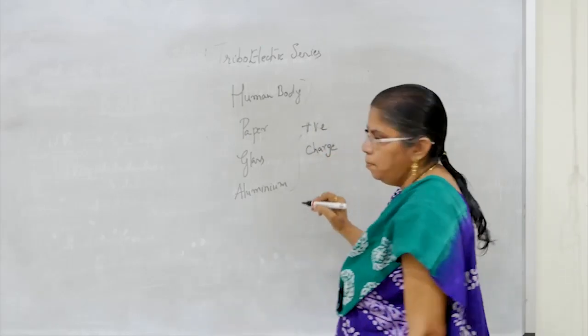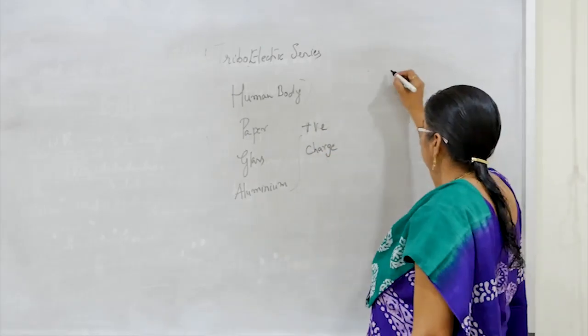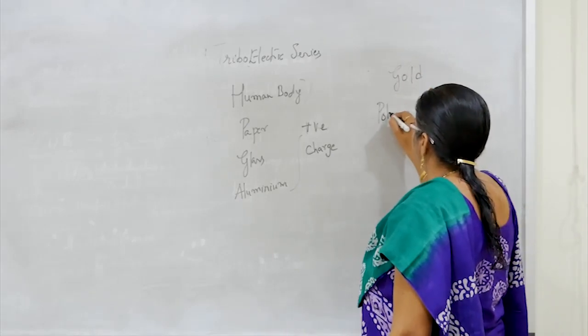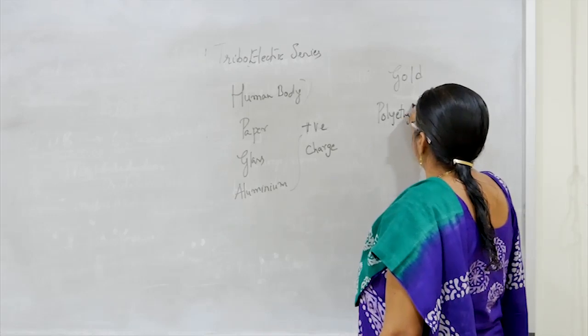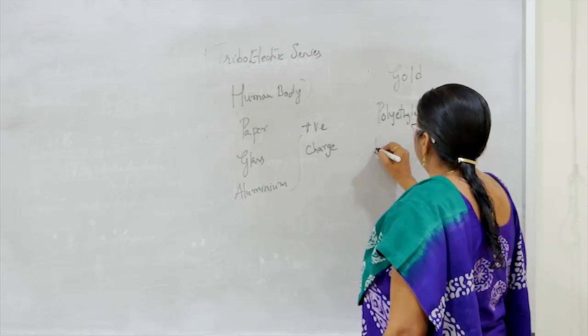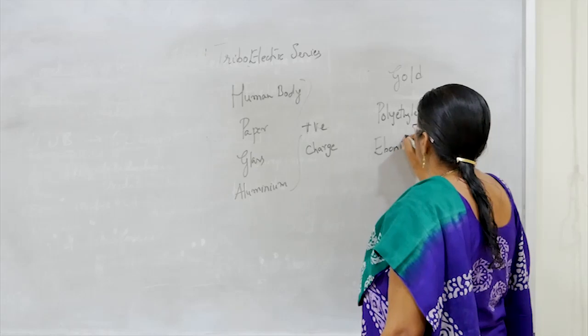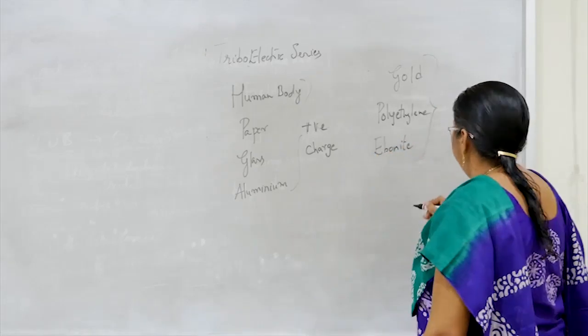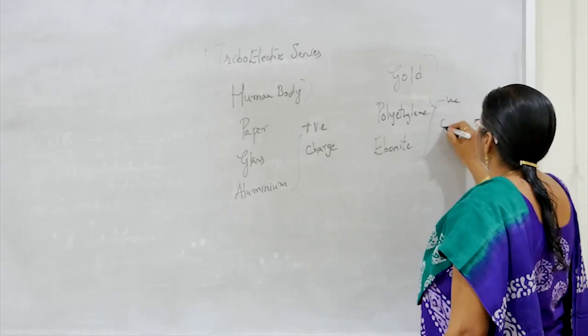And some materials like gold, polyethylene, ebonite, these all will gain electrons, so they will get negative charge.